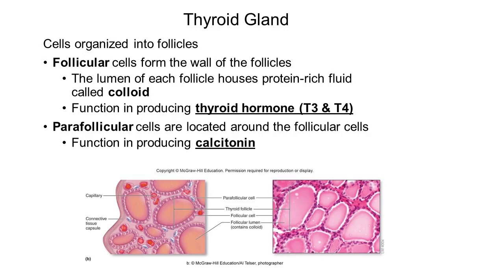Underline protein there because the protein part's going to be important. Protein rich material in the middle of the follicles called colloid. And it's going to be material in the colloid that is going to allow us to produce the end product of our thyroid hormone synthesis, that is T3 and T4. Those are the active thyroid hormones.